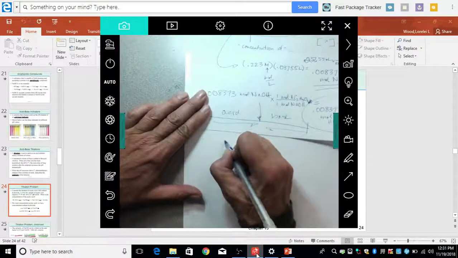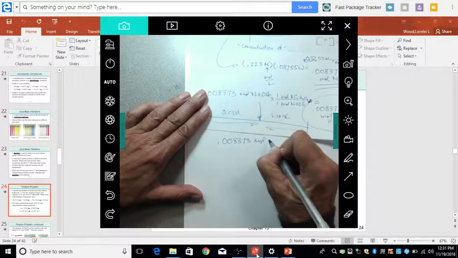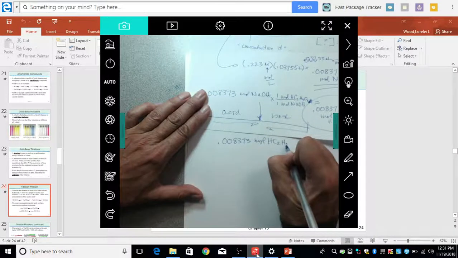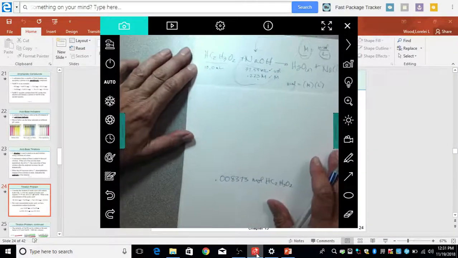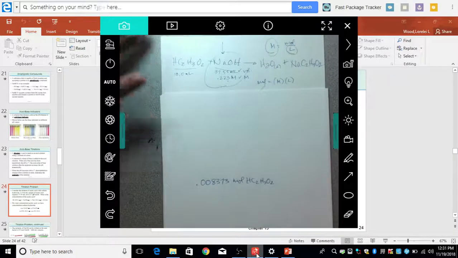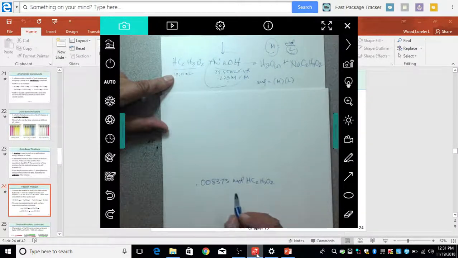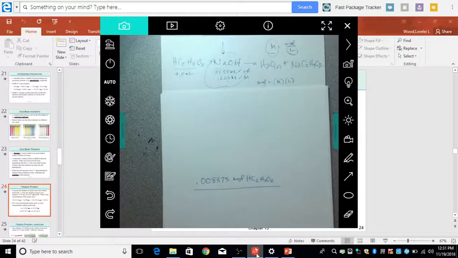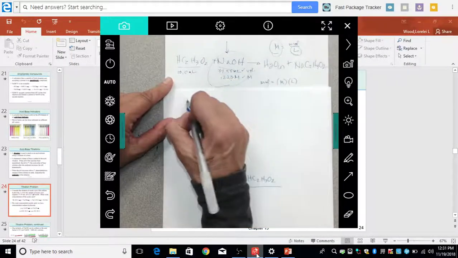Well, let's write this number down because I'm running out of paper here. Moles of the acetic. Now, I need concentration of the acetic, but what else do I have that I can use to get to concentration? The 10 mils, right? Because I have moles, and how do I get concentration out of that? Moles over liters, so I just take my liters, and what do I got to do to 10 milliliters?